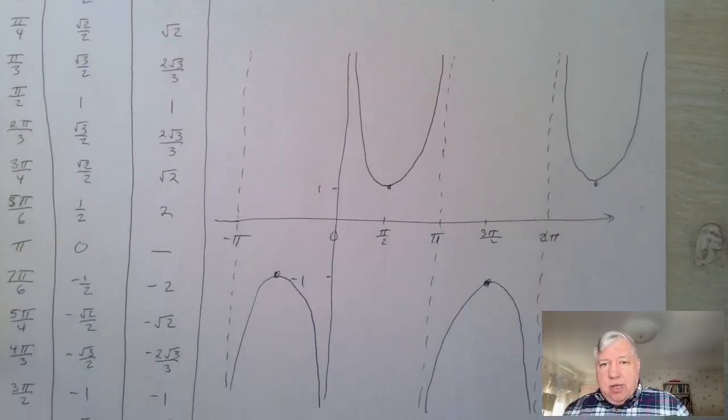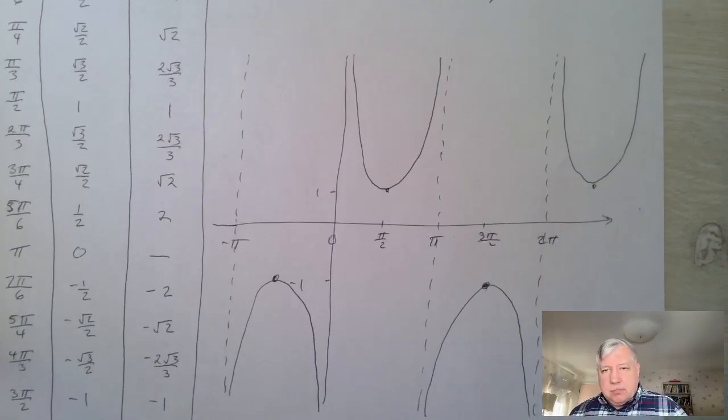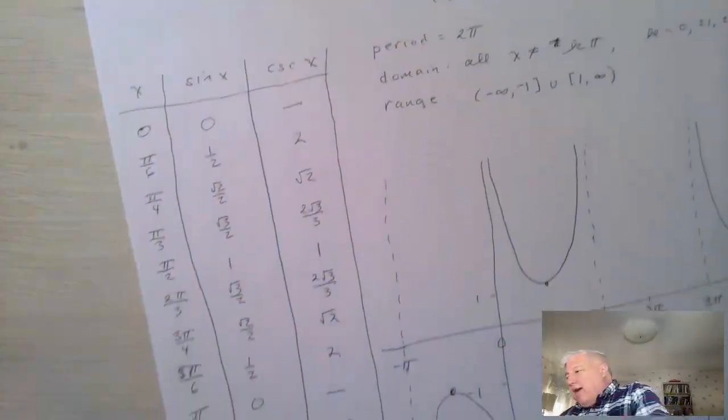All right, so this is going to look kind of strange the first time you see it. So let's see if we can get a few things together and plot some of these variations on these functions without using a graphing calculator.